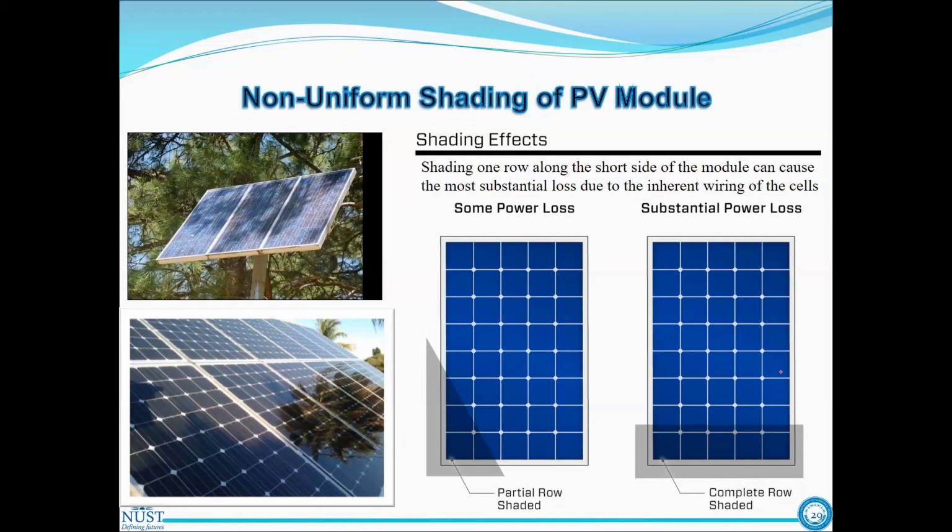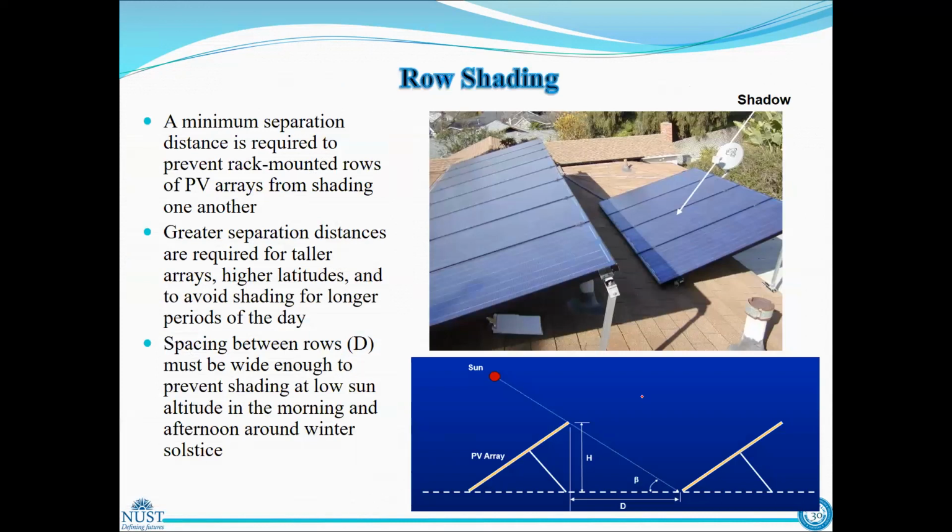In this case, all the strings will be affected and will have lower power output or degraded performance. Such kind of shading can be seen if the row spacing is not considered while designing. For example, if we have the sun at higher elevations in summer, then the height of the photovoltaic module will be less as the tilt angle is lower.